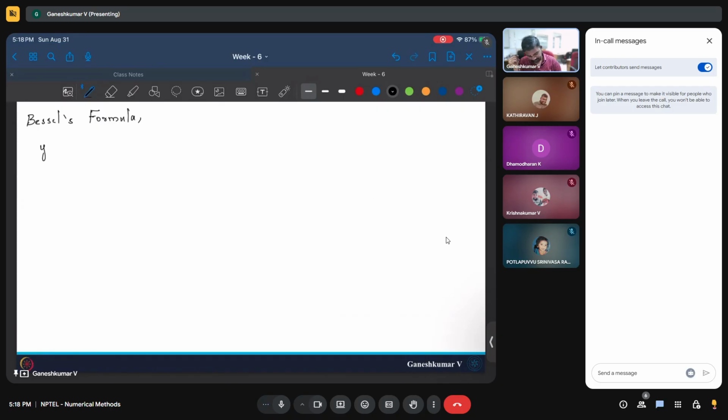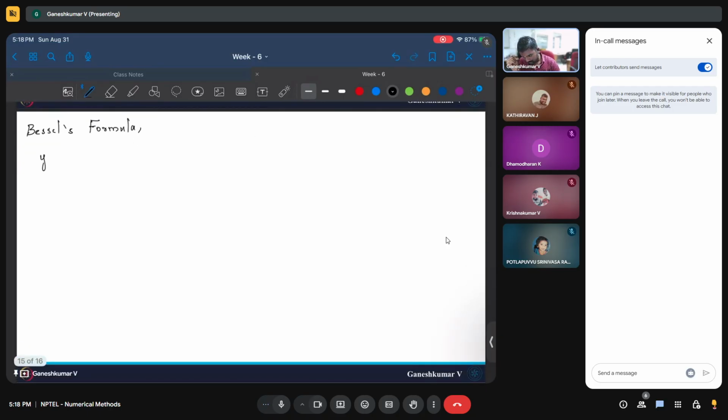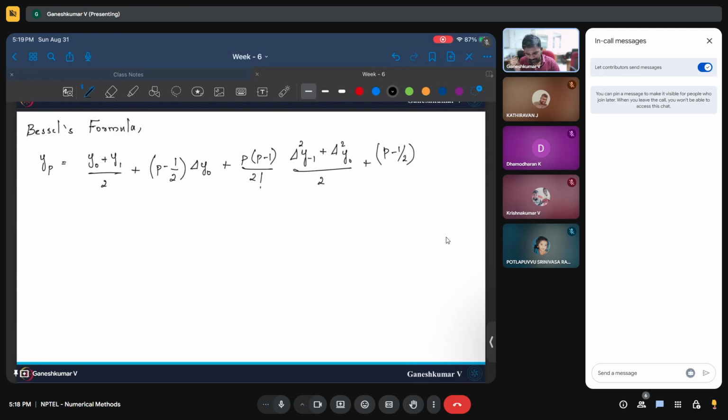So yp is y naught plus y1 by 2 plus p minus half delta y naught plus p into p minus 1 by 2 factorial delta 2 y minus 1 plus delta 2y0 divided by 2 plus p minus half p minus 1 divided by 3 factorial delta cube y minus 1.